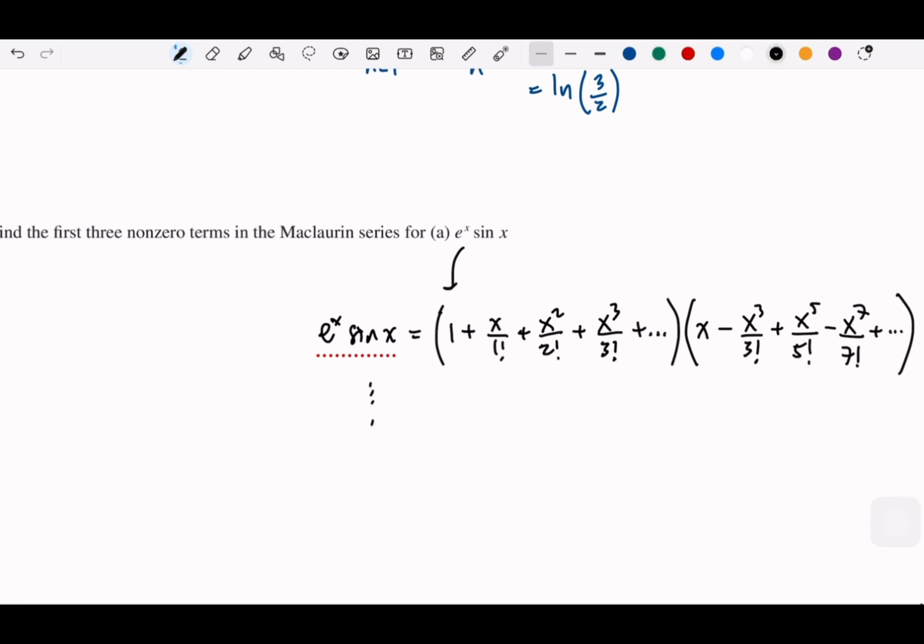I will skip some process. I hope you can just multiply as usual. So this will be x plus x squared plus... you can try, okay? Because we expect some subtractions because there are some negative signs, right?